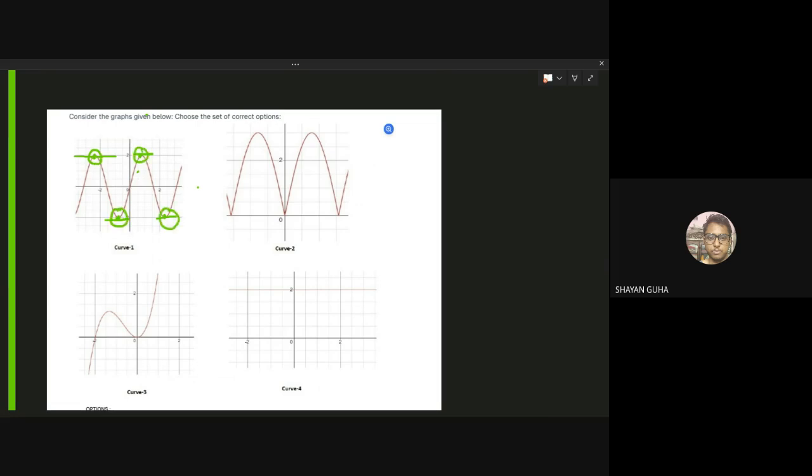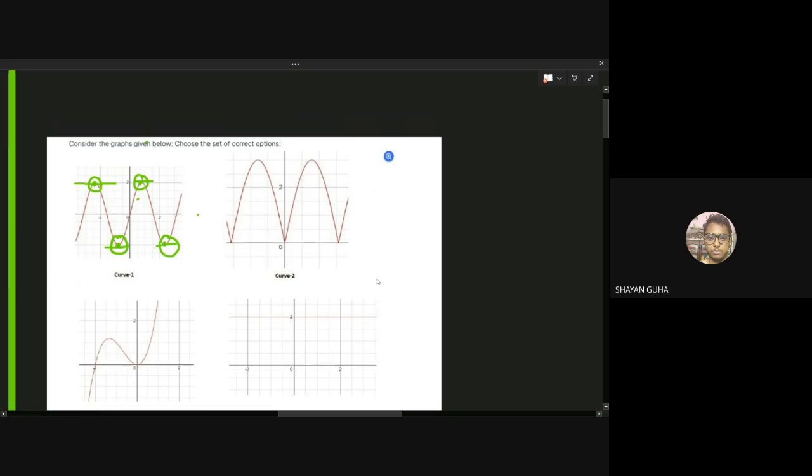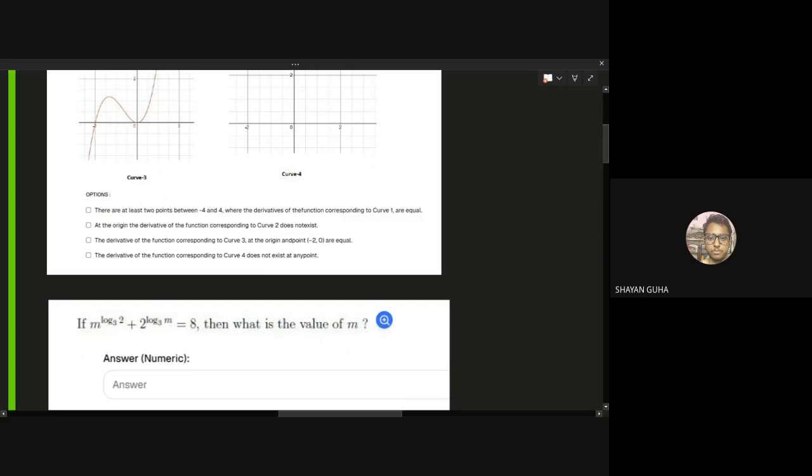In these particular places, we can see that the derivatives are the same. All the derivatives will vanish in these places. So here it is given at least 2, so the given option should be correct. Tell me if you people got this or not, why the first option is correct.